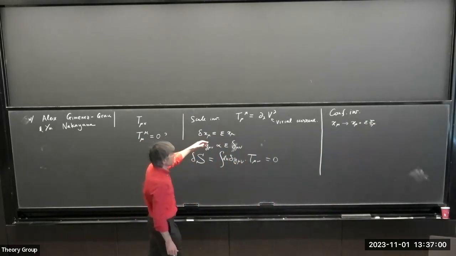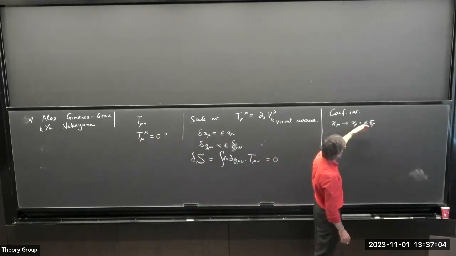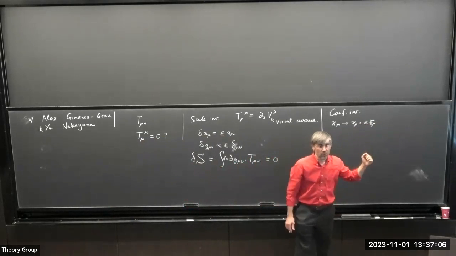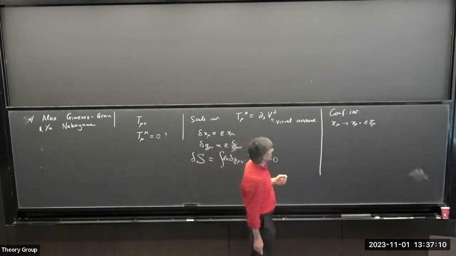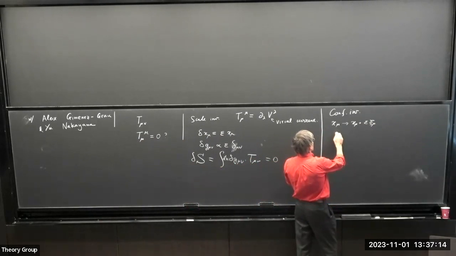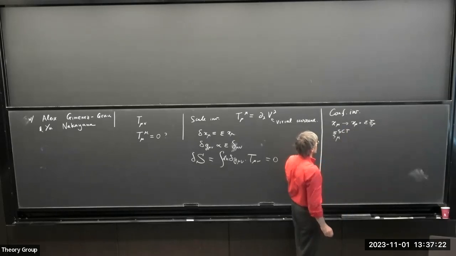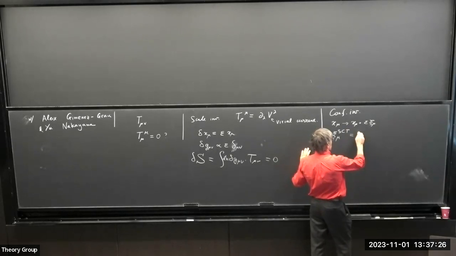The scale transformation is one of these vector fields, but there are, of course, also rotations, translations, and a special conformal transformation vector field that I mentioned on Monday, which was first discussed by Castro. This one is special, and I'm only going to write down the special conformal transformation vector field because it's the only one which you may not remember.